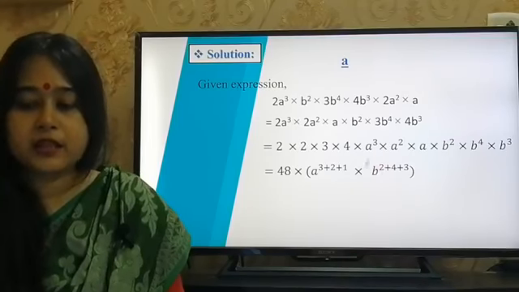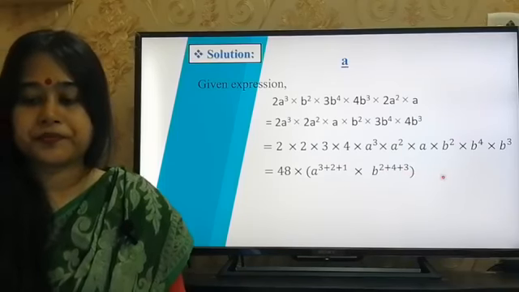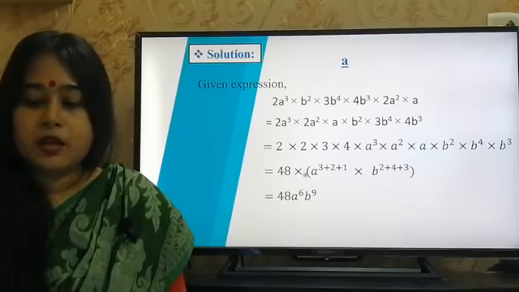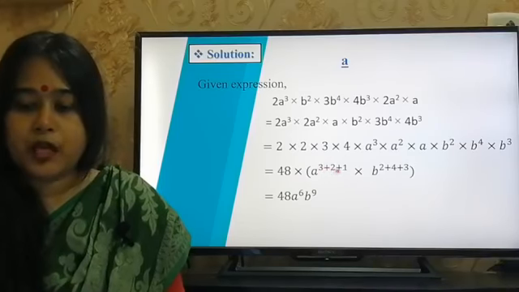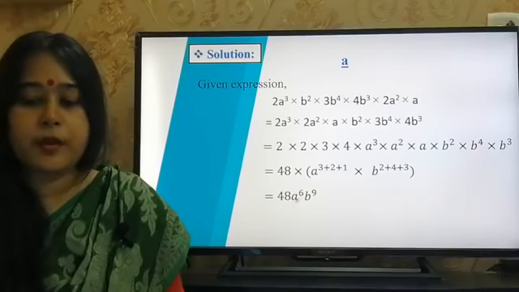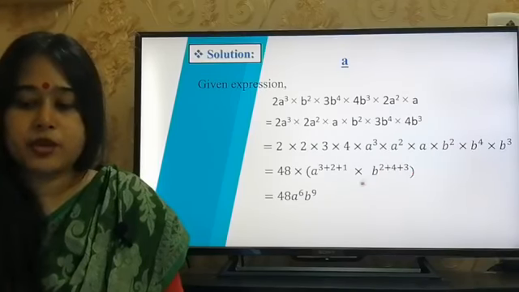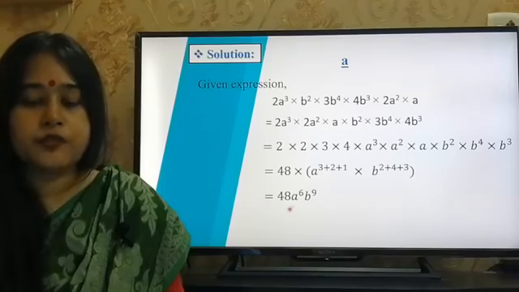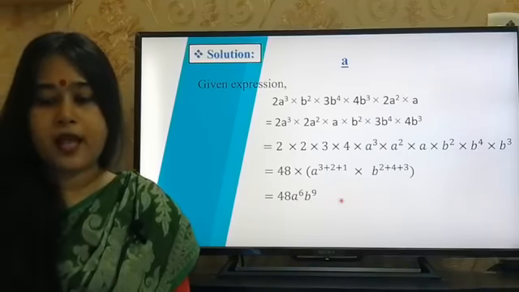So we write b one time and add the powers, that is 2 plus 4 plus 3. After addition of the powers, 3 plus 2 plus 1, we get 6. So a to the power 6 here, and 2 plus 4 is 6, 6 plus 3 is 9. So b to the power 9. We get 48 a to the power 6 into b to the power 9.